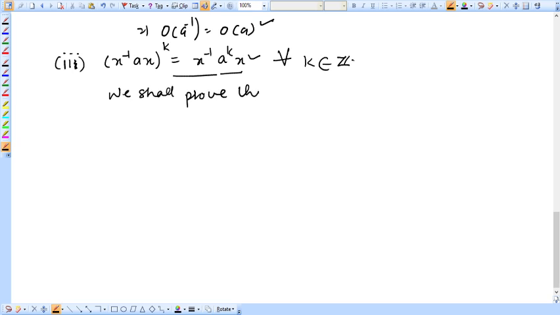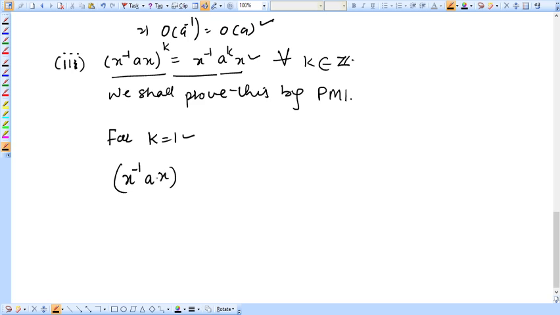In that, we first prove that the result is true for K is equal to 1. For K is equal to 1, X inverse A X power 1 is equal to simply this thing only.